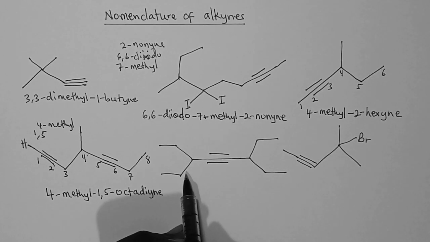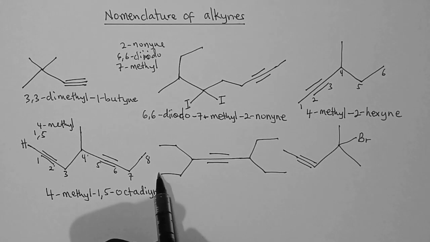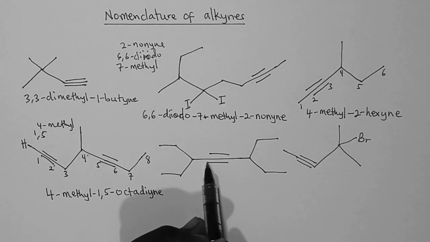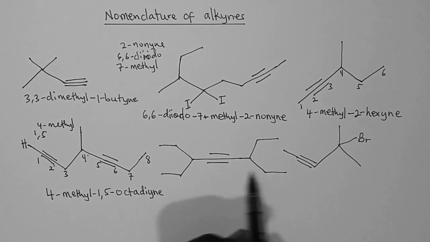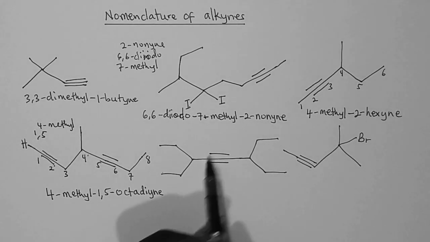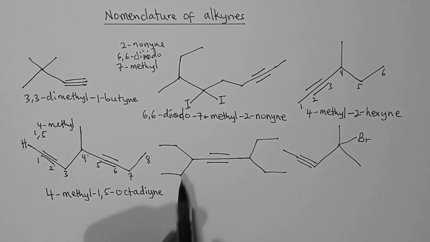Let's come to this case too. So let's identify the parent chain. Starting from here, it is 1, 2, 3, 4, 5, 6, 7, 8. This is also an octane. We have one triple bond. But on what carbon number is the triple bond?